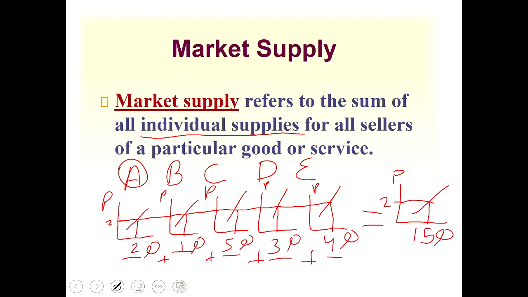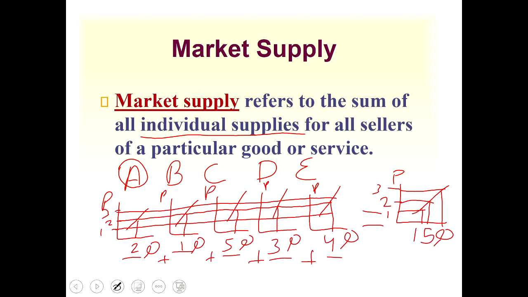And similarly, we will see how much at price 1 and at price 3 each supplier is willing to supply. And then when we get the quantity at each price level, we can join the points and we will get a market supply curve. That's how a market supply curve is made.